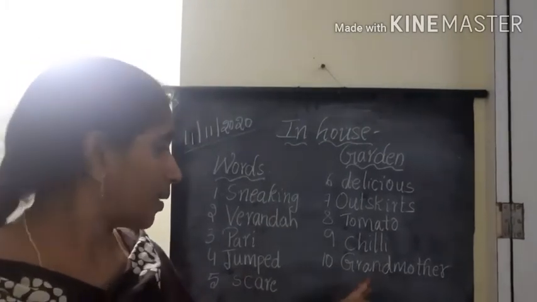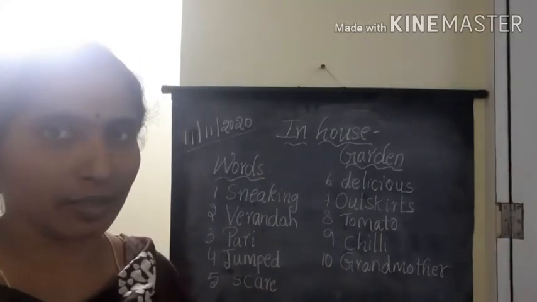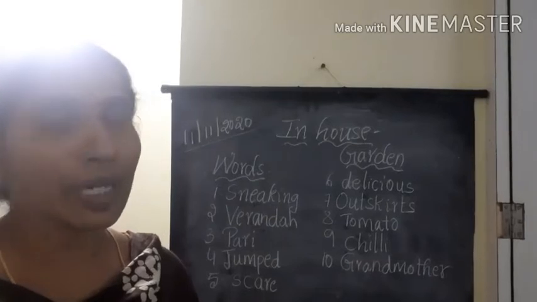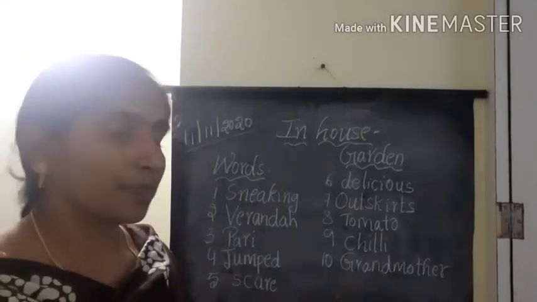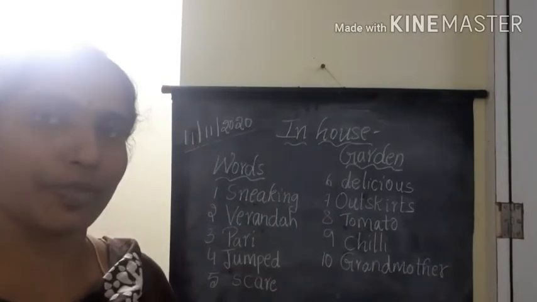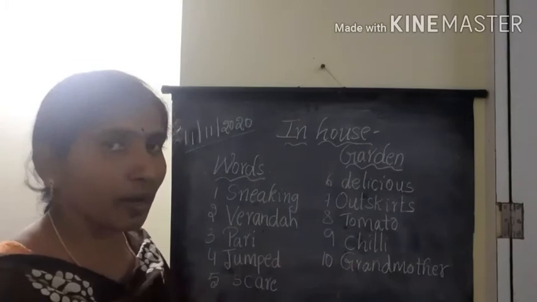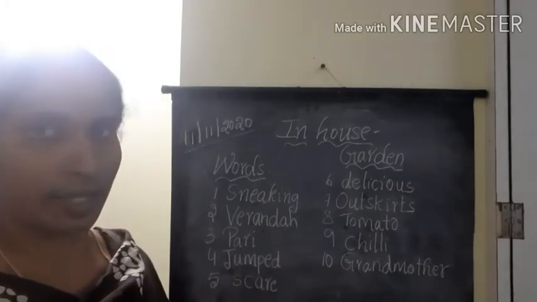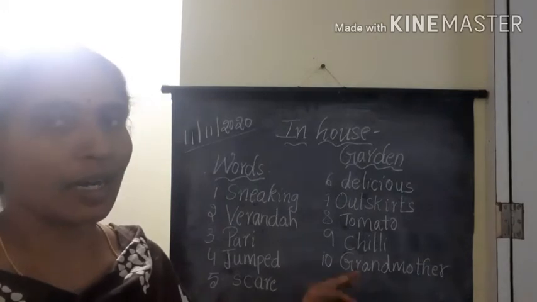But she has her own garden. She has her own garden. There she keeps all types of vegetables. Yes, children. Who has the garden in her house? Yes, grandmother has the garden in her house.